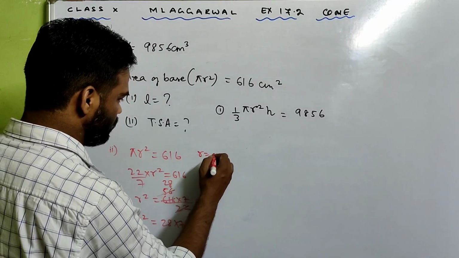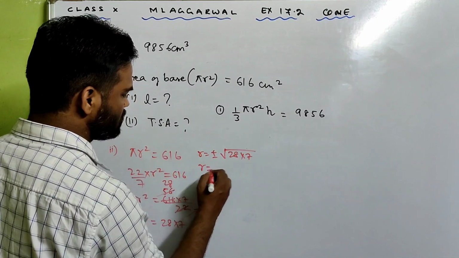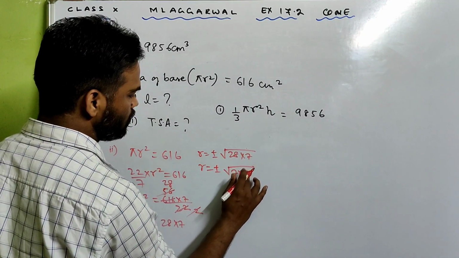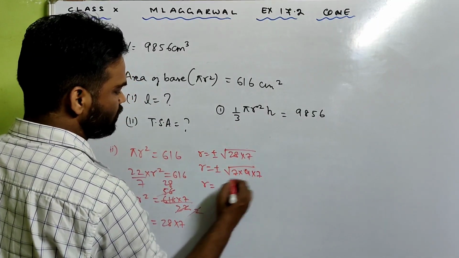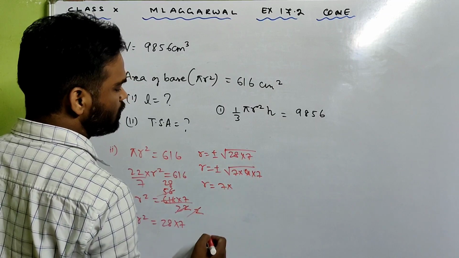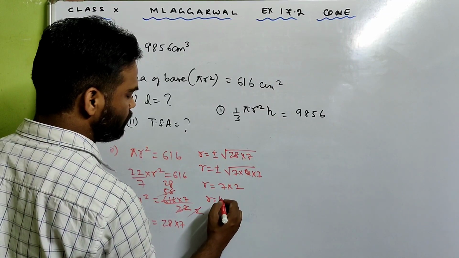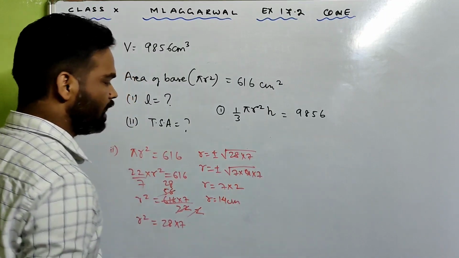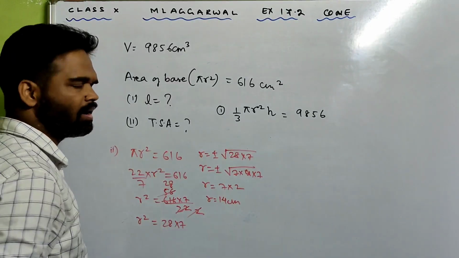So r will be plus minus root of 28 into 7, which is 7 into 4 into 7. The square root of 49 is 7 comes out and square root of 4 is 2. So r is 14 centimeter. Done. Simple. Pi r square equals 616, you solve it, you get r as 14.